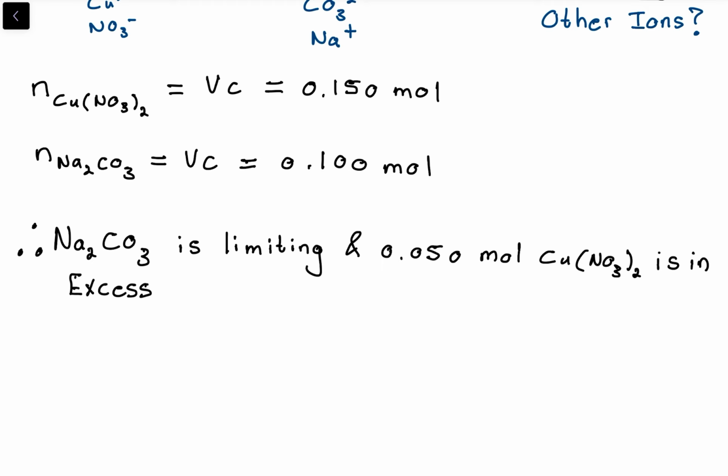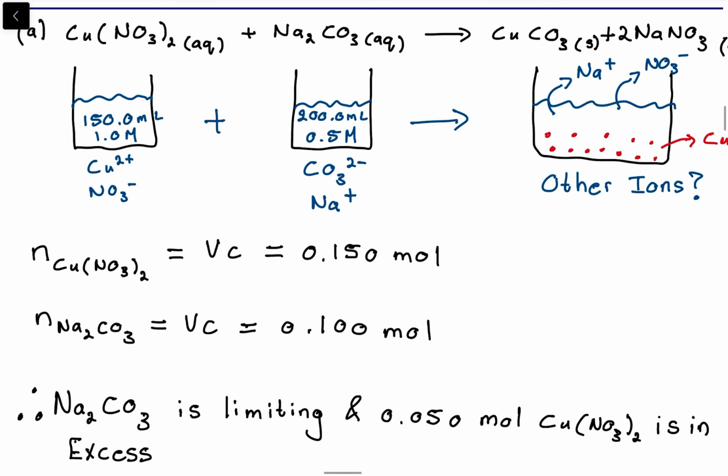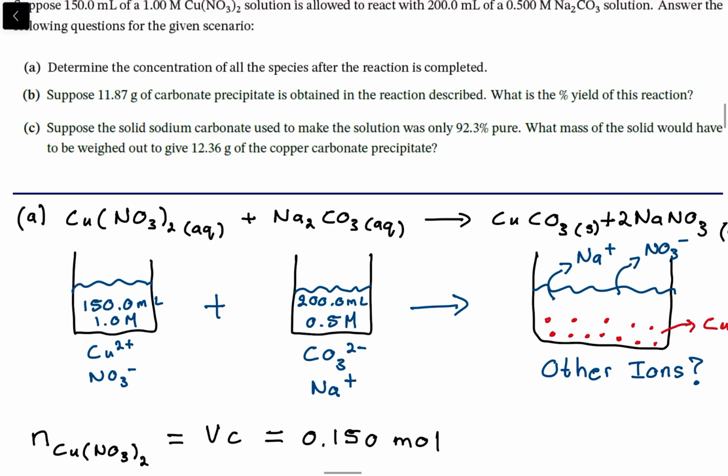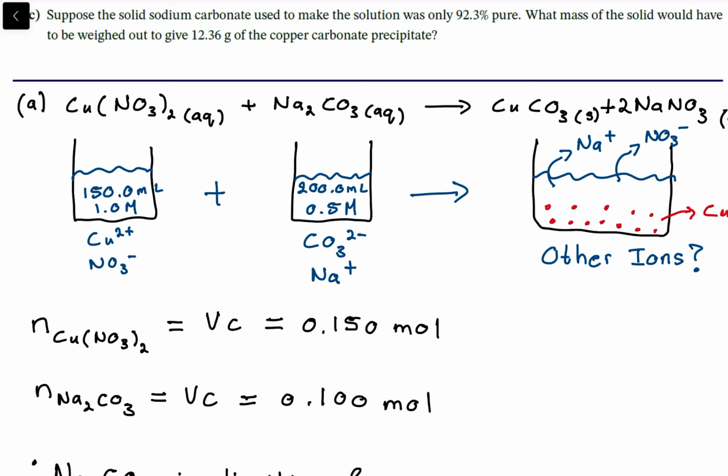So we've deduced that. Now we know what is limiting and we know what is in excess. We're told to determine the concentration of species that are present after reaction. So things that are present, we said sodium and nitrate will be present after reacting.